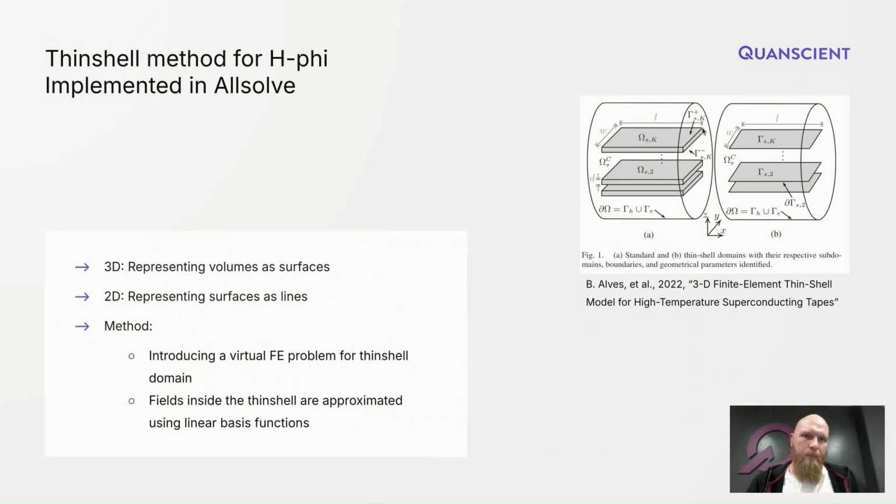The general idea behind it is that in 3D we can represent thin volumes as surfaces, or in 2D we can represent surfaces as lines, and this reduces the complexity of the geometry, CAD, as well as the meshing significantly.